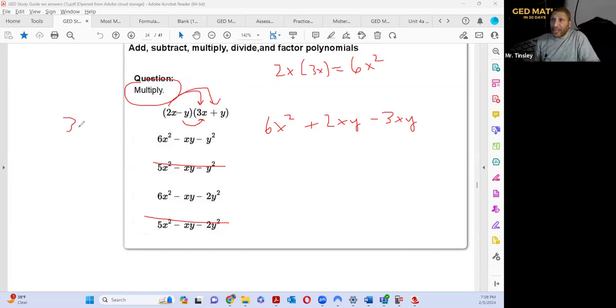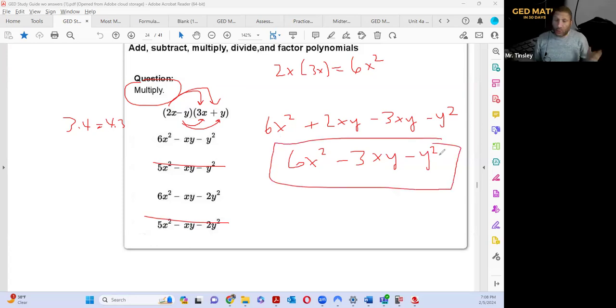Remember, 3 times 4 is the same as 4 times 3. It doesn't matter what order you put it in, but in algebra, there's a certain way. It should be highest degree first, in alphabetical order. So x before y. Then minus y times y is minus y squared. So this comes out to 6x squared minus 3xy minus y squared.